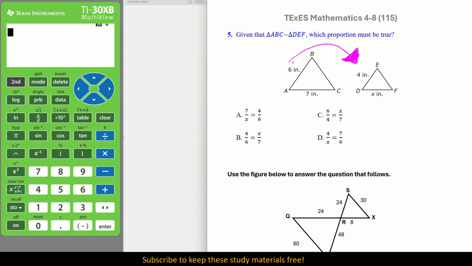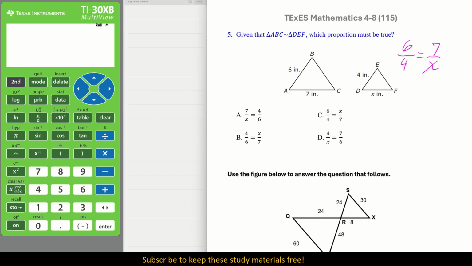So let's say we're going from 6 over the corresponding 4 must equal then from 7 to the corresponding x. Okay, that would be one way. Now we could go from triangle to triangle.